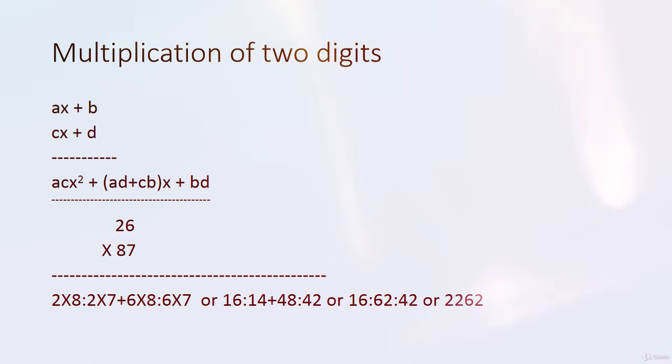The right hand side answer can only have a single digit and the middle answer can also have a single digit. So we have to do the carry forwarding work. The 4 of 42 will get carried forward to the middle number, that is 62 will add up with 4. It will become 66.